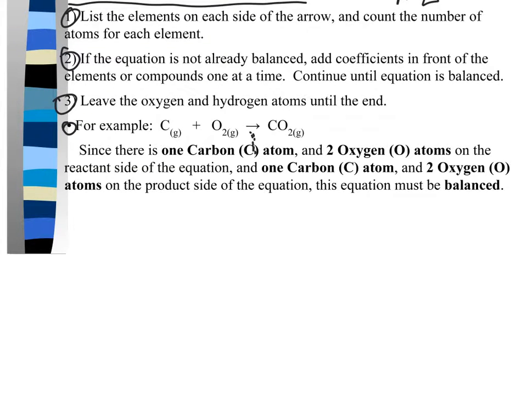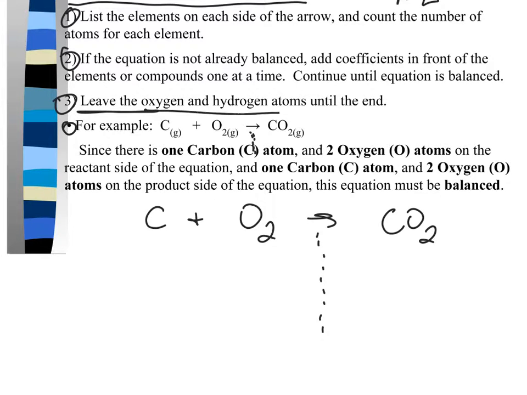So we have carbon plus O2 gives us carbon dioxide. So I suggest draw a little line. We want to leave hydrogen and oxygen till the end, so we're going to start with our carbon here. So I have 1 carbon. There's no numbers listed right here, so it's given that I have 1.